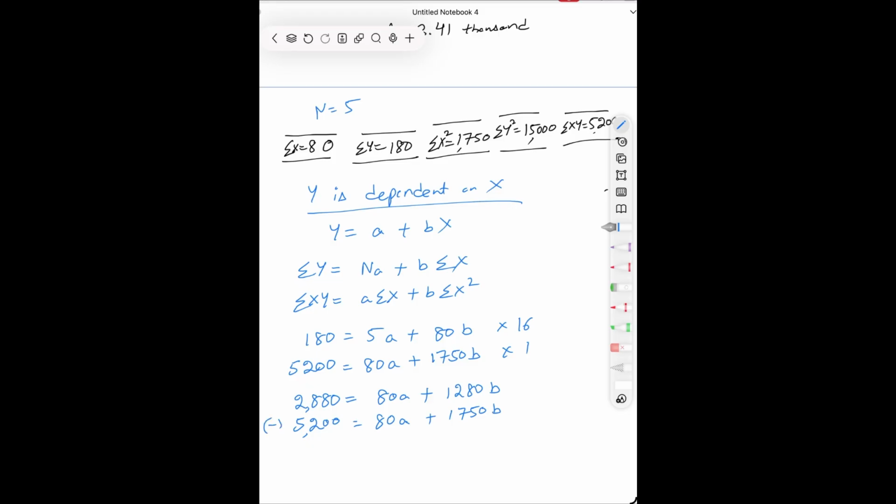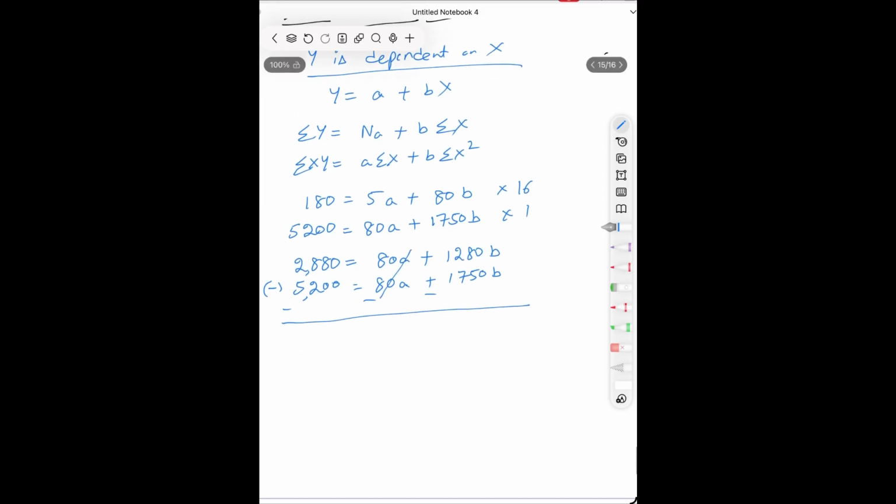Putting a negative sign, 80a is cancelled out. This would mean 0 minus 472b, and on the left hand side 2880 minus 5200, so minus 2320. So this would mean that b is equal to 2320 divided by 472, which comes to 4.92 approximately.